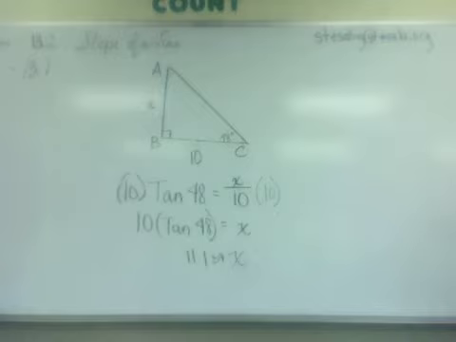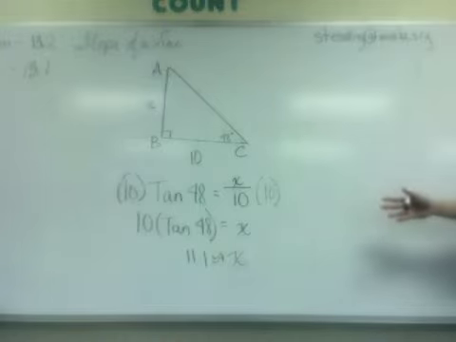Another part of your homework assignment is you're going to have a picture of a right triangle with some missing pieces, and it says to come up with an equation involving the sine, cosine, or tangent that can be used to find x, which is what we just did right here. So I'm going to look at one example, let's look at number 25.